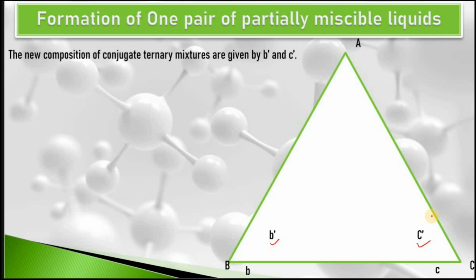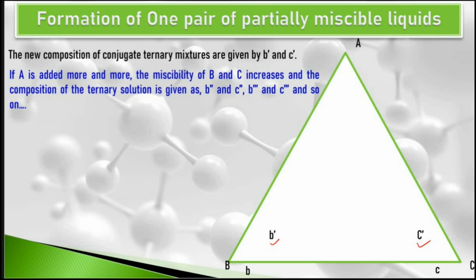If we keep on adding more and more A, it results into increase in the miscibility of B and C. As a result, we got ternary solutions with different compositions. Suppose when A was added, we got this composition of ternary mixture. If more A was added, then as a result, the miscibility of B in C and C in B would increase.